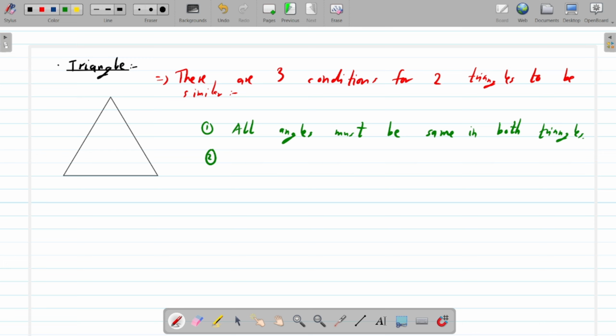Then the second rule that we have is that all the three sides are proportional. Up till now the two general rules apply here. We could say proportion of sides has to be the same.